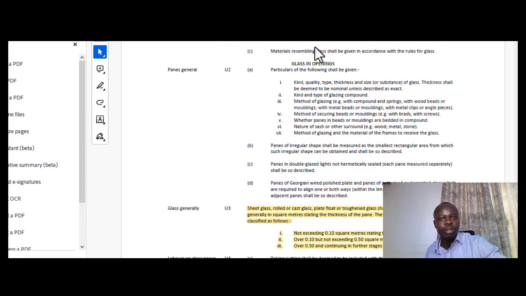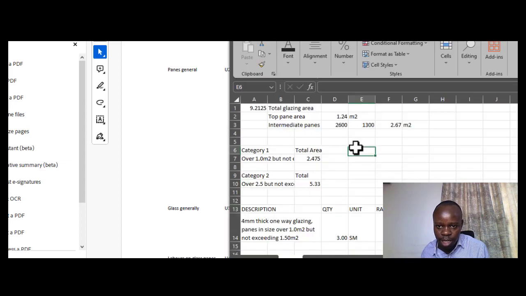The reason the glazing has been described in this particular order is that you shall never forget that, as a quantity surveyor, you need to always make a description vividly in the way in which the work is going to be done in terms of implementation. When you are going to install this glazing, for instance on a window, the window is going to be cut in particular sizes.